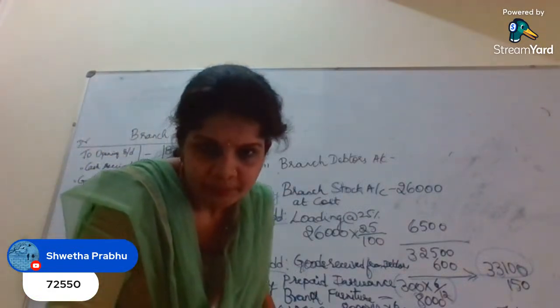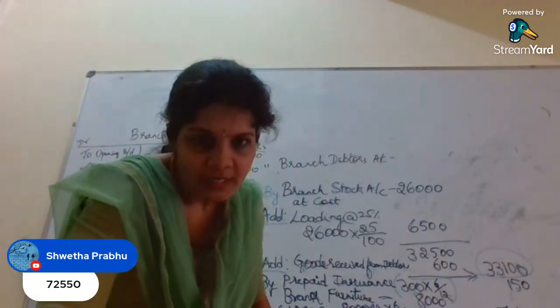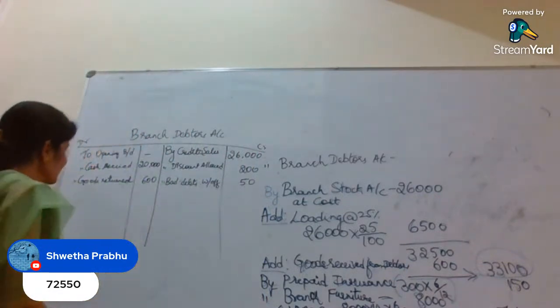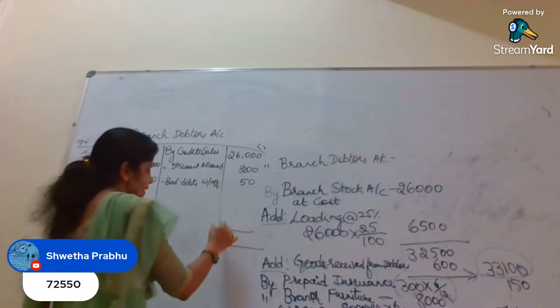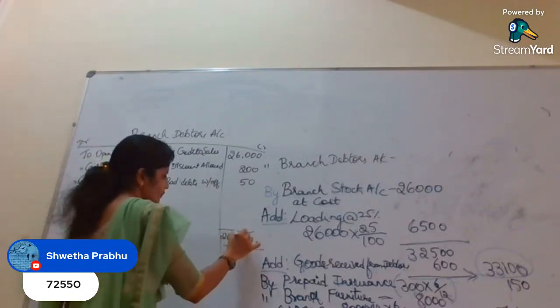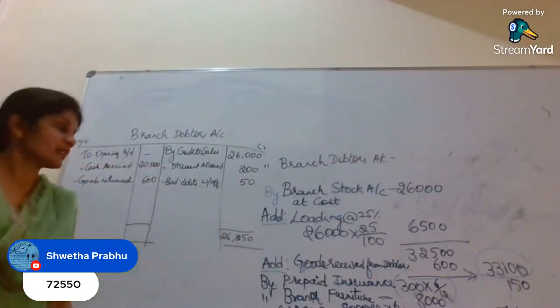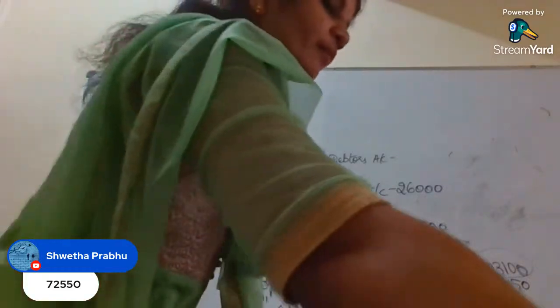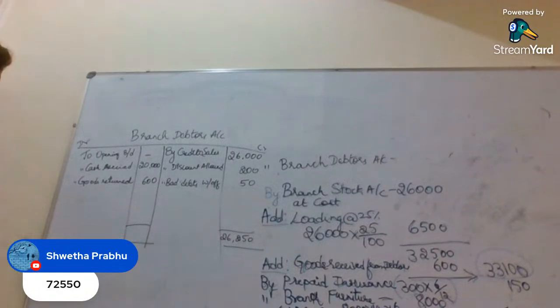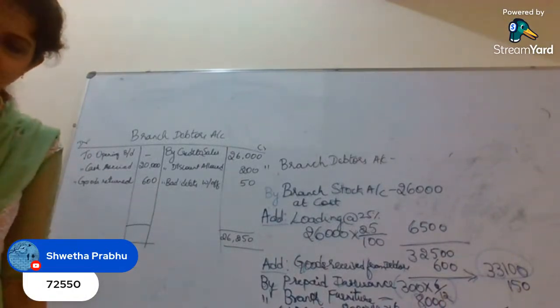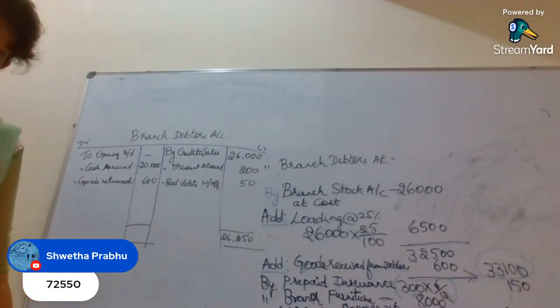There is no other information relating to this. Close the account. 26,250 rupees on both sides, minus 20,600. How much is the balance?